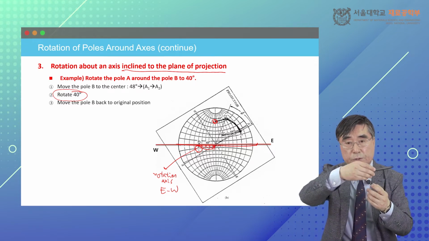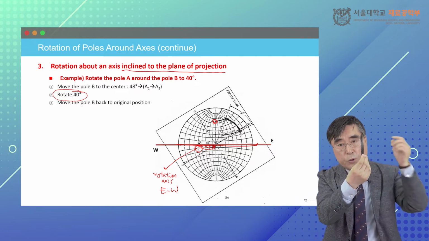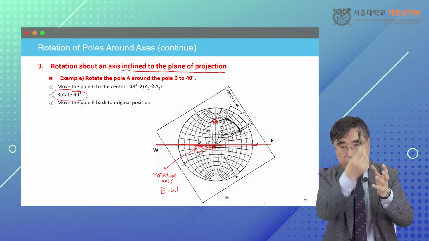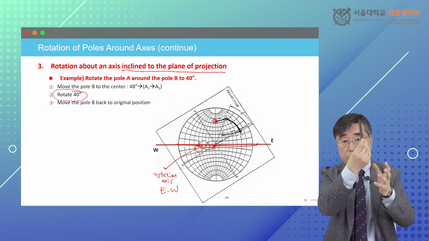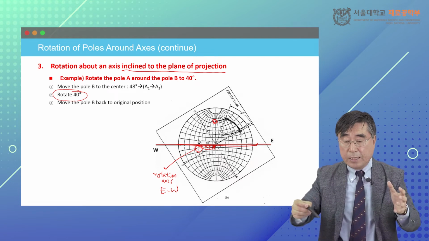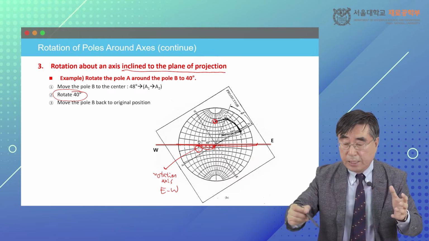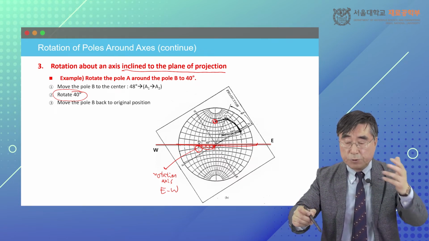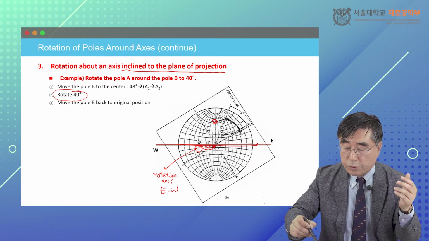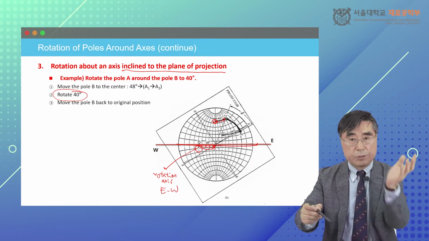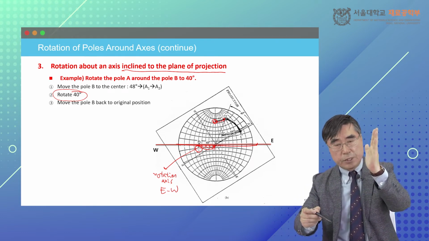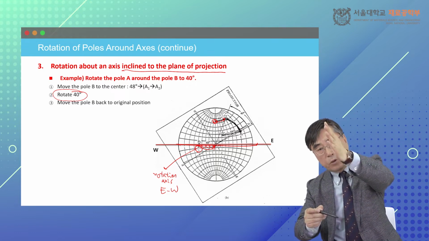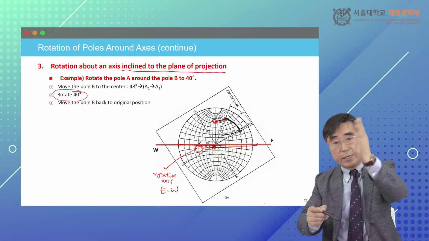So you have to rotate your rotation axis to make it perpendicular to the stereoscopic projection. Then in this operation, this pole, which you want to rotate, also moves 48 degrees because you move your rotation axis. So this certain pole should also move by the same angles.